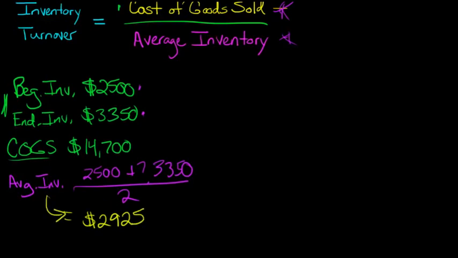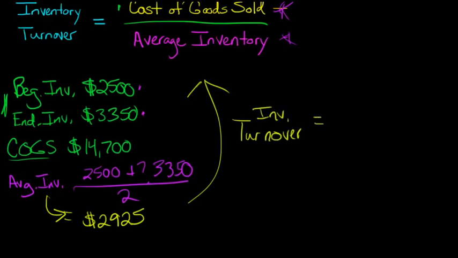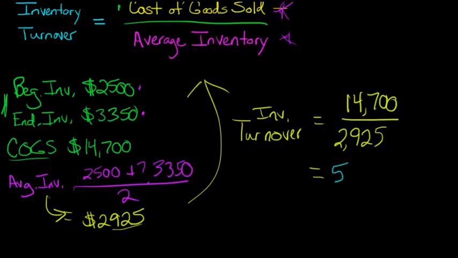So now we just plug in. Our inventory turnover is going to be 14,700 divided by this average inventory, 2,925. And what does that yield? Well, rounded, that yields 5.03.